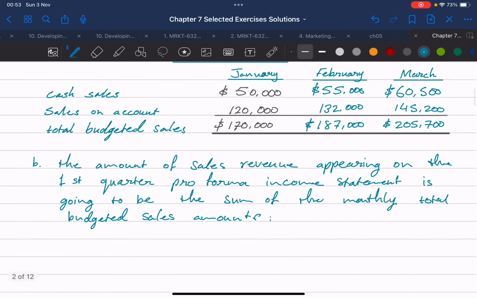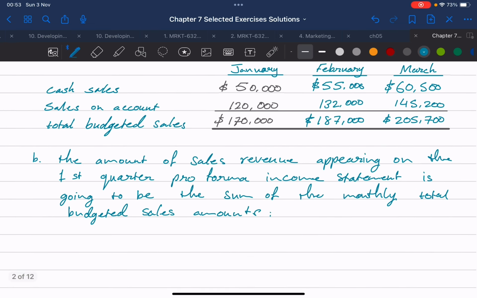So first quarter sales revenue is going to equal 170,000 plus 187,000 plus 205,700.